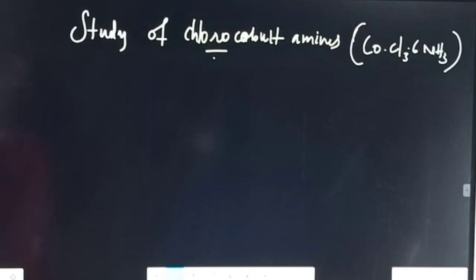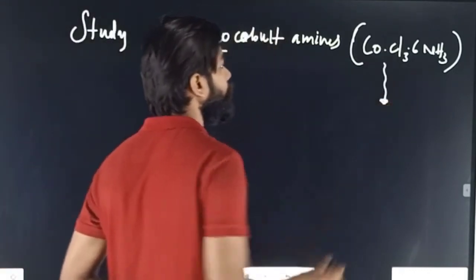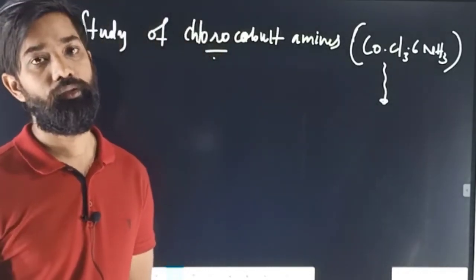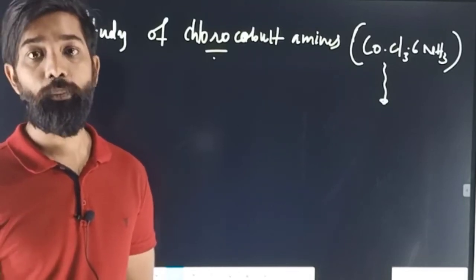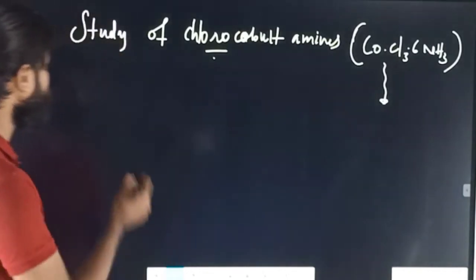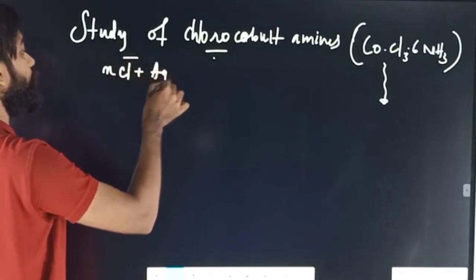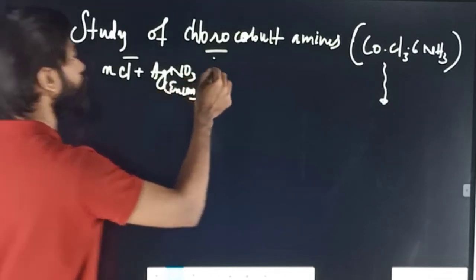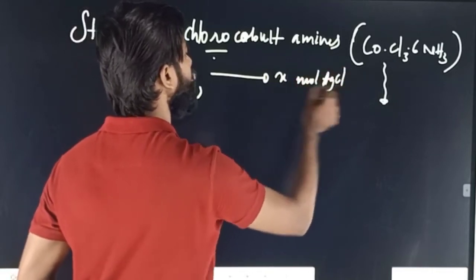Using this molecule, he did a lot of experiments, and he found that on treatment with excess AgNO3, the number of moles of precipitate are different, right? We already know that if we have X Cl minus, when it is reacted with excess AgNO3, it forms X mole of AgCl, a white precipitate.